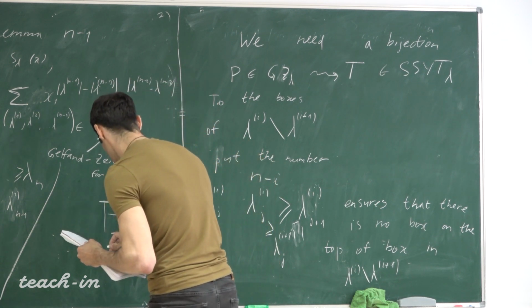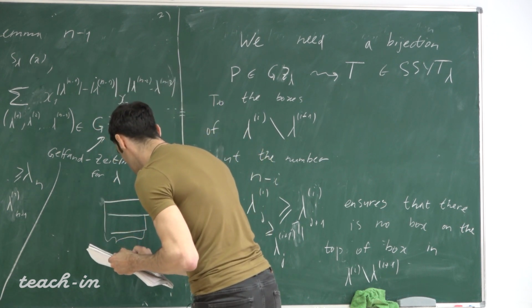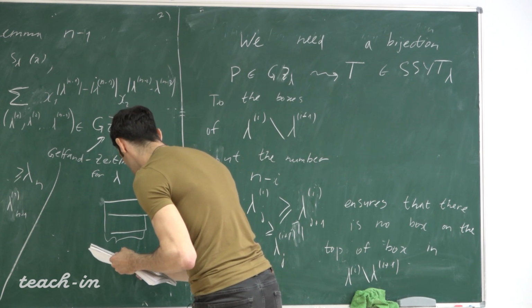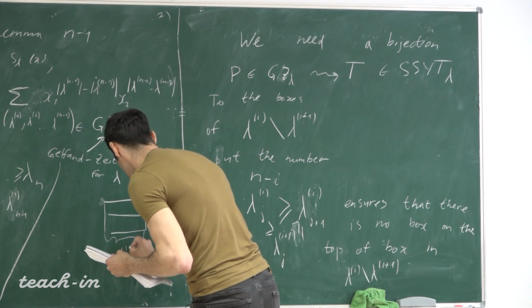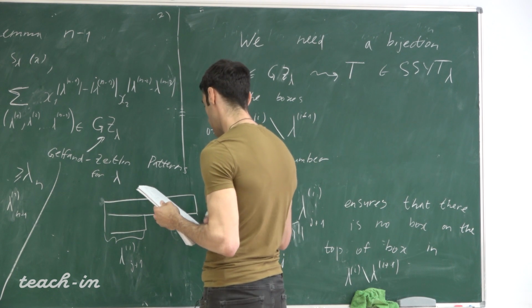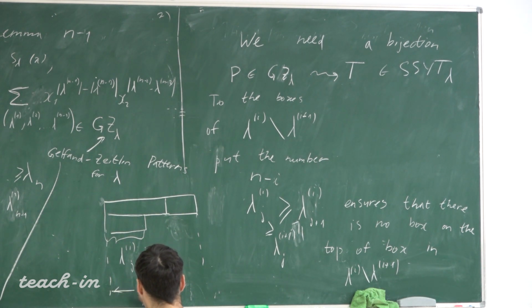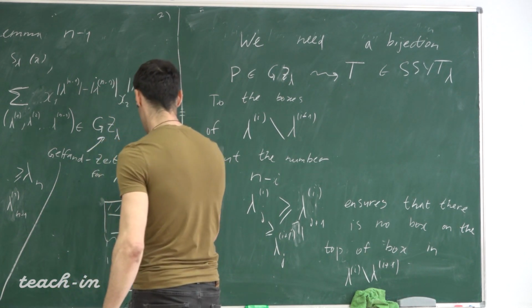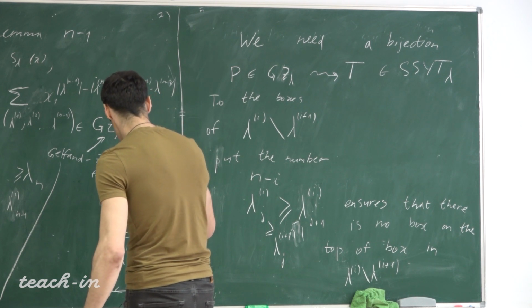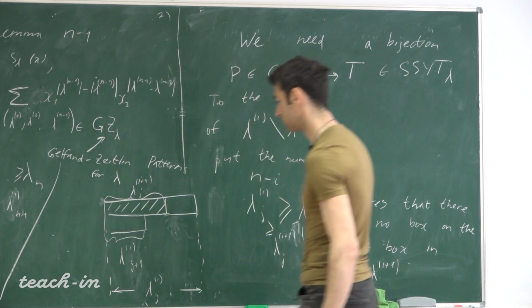Just consider two rows. This is row of lambda j plus 1 i, this is lambda j i, and what's inside is lambda i plus 1 j.